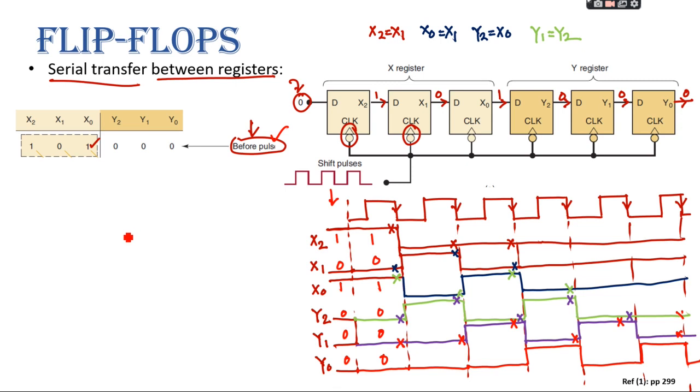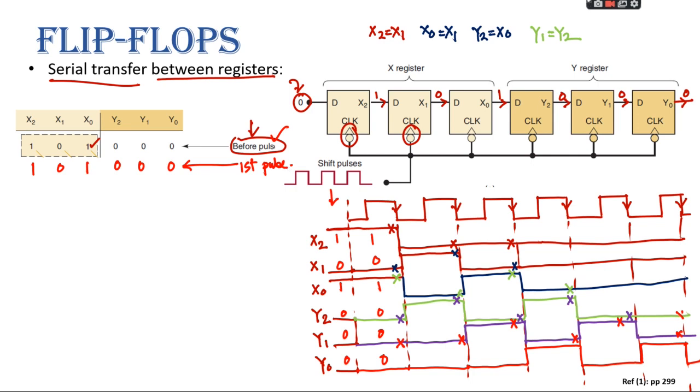So what can we write? For the first pulse, it will remain as it is: 1 0 1, and then 0 0 0, right? Then it should be the first pulse, right? Yes. First pulse is gone.